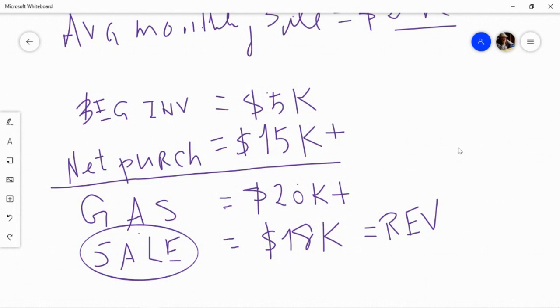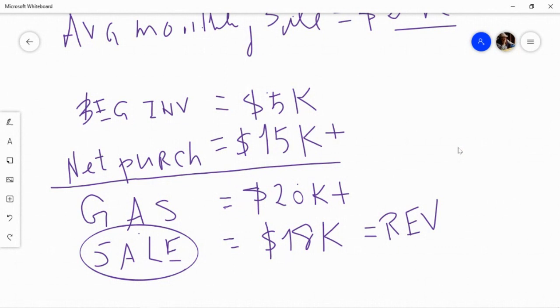Let's say you have computers in the store, only 5K. That's ridiculous. But let's say you're selling tennis balls, right? And tennis balls they sell in a cylinder, with like 5 balls in the cylinder.